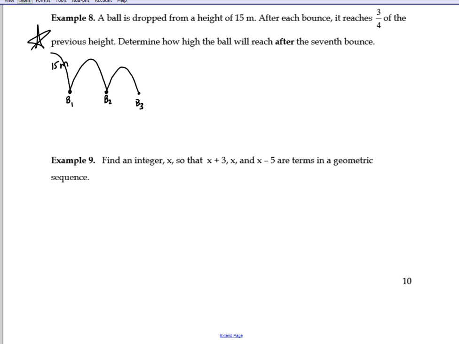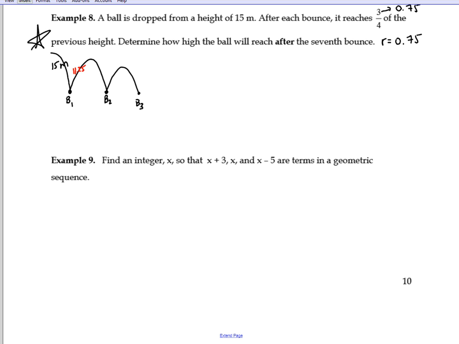Okay, 3/4. What is 3/4 of 15? How would I figure that out? Yeah, let's multiply it by 0.75. So that means our common ratio is 0.75. What is 15 times 0.75? 11.25.